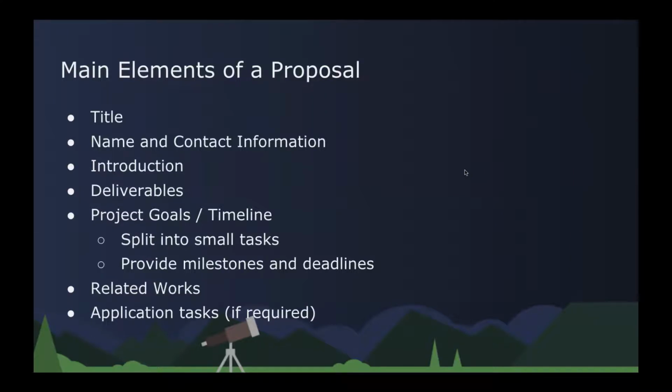So sometimes the organization provides some tasks to complete in order to be selected for that project. That simple task may cover the basic things you should know about that project. So if they are providing such tasks, you can include them in the proposal.